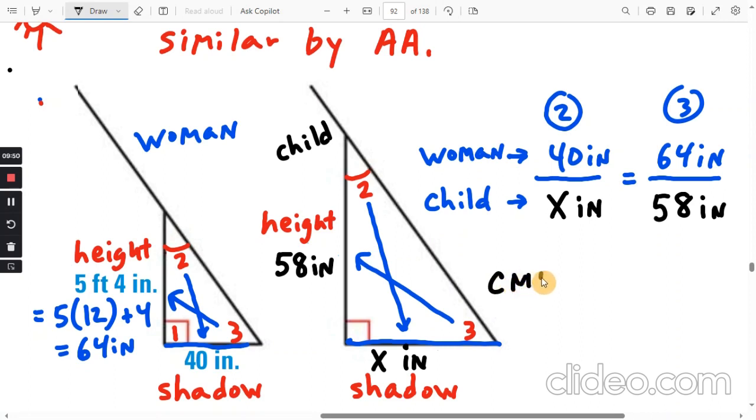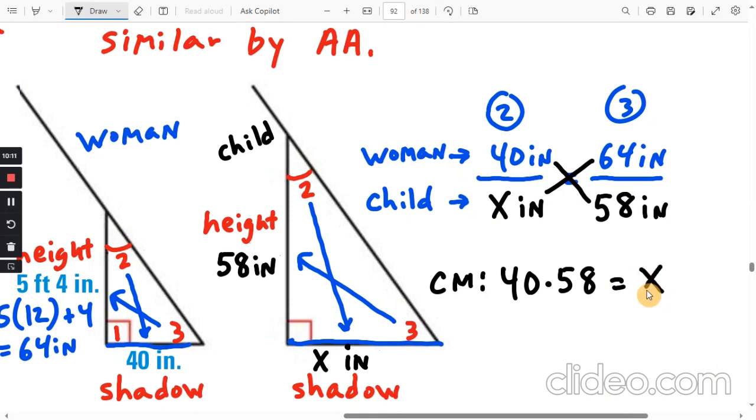We can just cross multiply, and really all the units match. So we're good there. Top times bottom is going to be 40 times 58. All right, I'm not even going to write the units because they all match. They're all going to cancel. Bottom times top is going to be X times 64. All right, the opposite of times 64 is divided by 64.